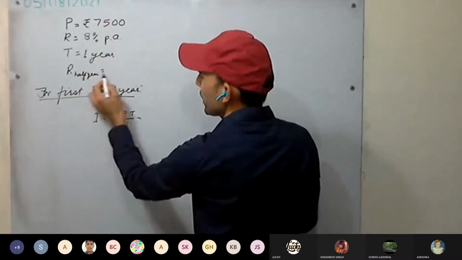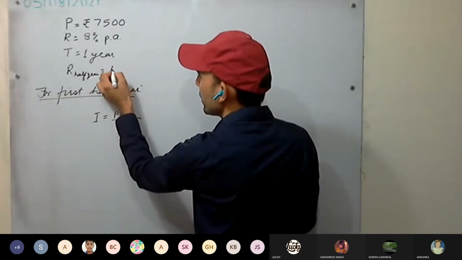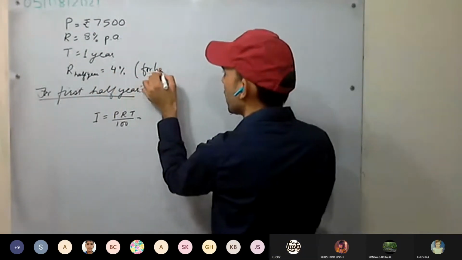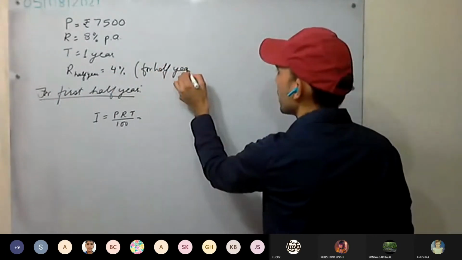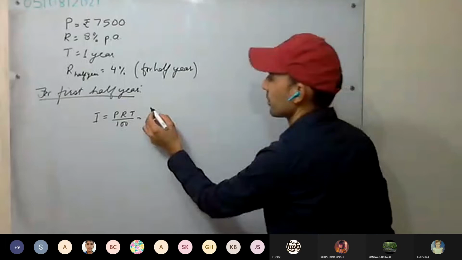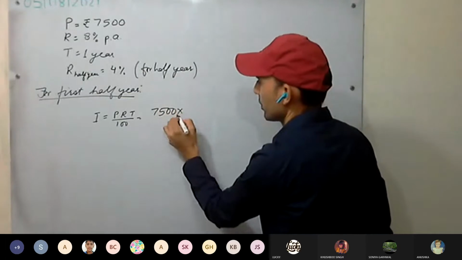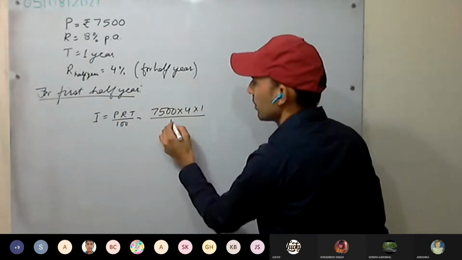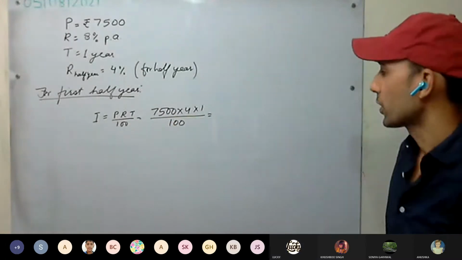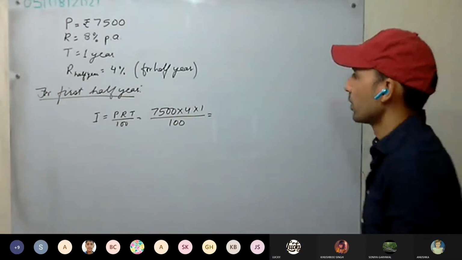Rate is 8% per annum. Rate for half year will be 4%. This is for half year. Calculate for the first half year. 300, you are getting 300.